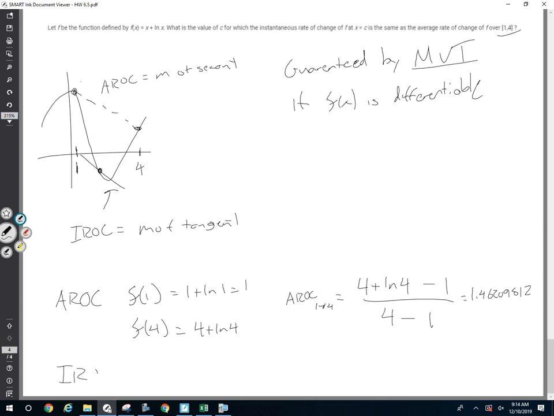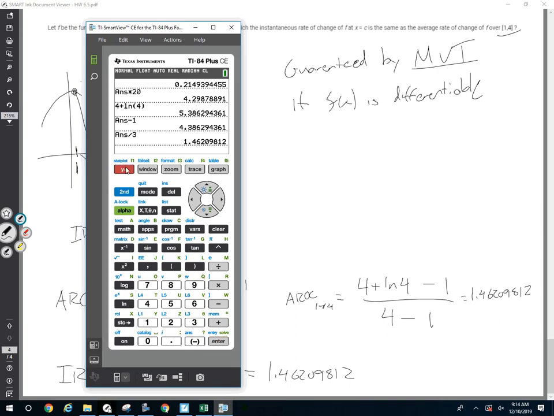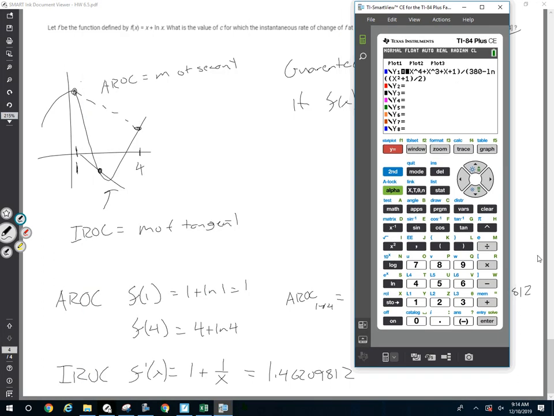Instantaneous rate of change, IROC, will come from a tangent slope generator: 1 plus 1 over x. We will find out when 1 plus 1 over x generates a slope of 1.462. To solve that equation, graph y equals the left side, y equals the right side. 1 plus 1 over x, and the constant 1.462.